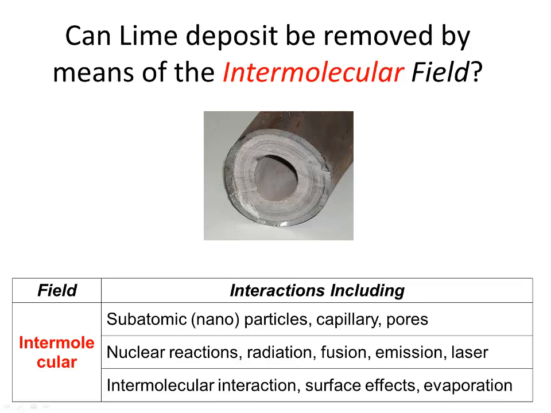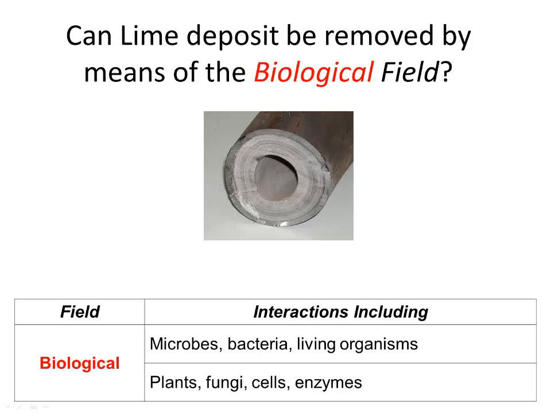For intermolecular field, the ideas came from subatomic or nanoparticles. Many students suggested that the laser can be used, and as a joke, some suggested that probably nuclear bombs would also be quite helpful. Well, with biological fields, students from the MATCEMIB group were quite creative.